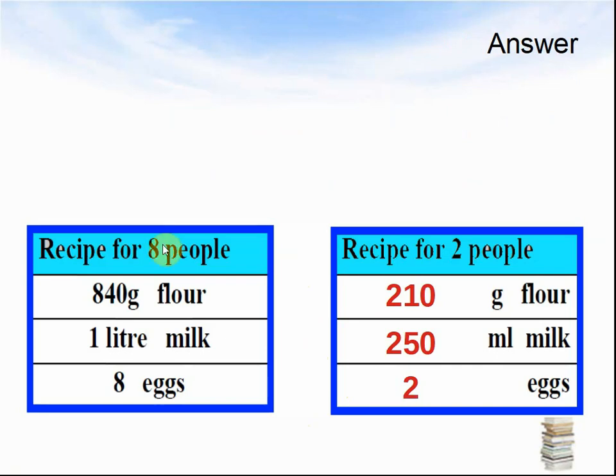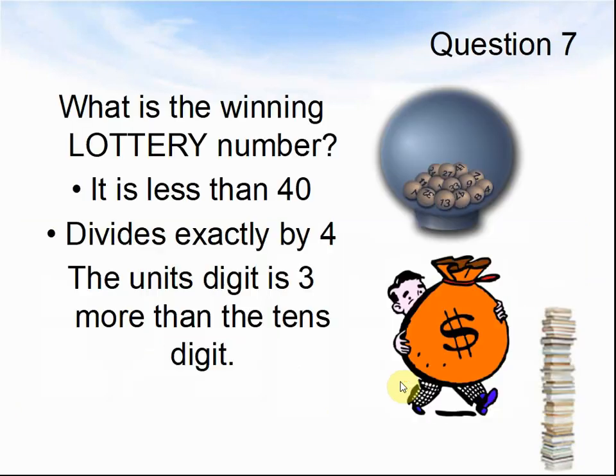So 8 divided by 4 is 2. 840 divided by 4 is 210. 1 litre of milk is equal to 250 millilitres of milk. 8 eggs is equal to 2 eggs. Let's look at the next question.